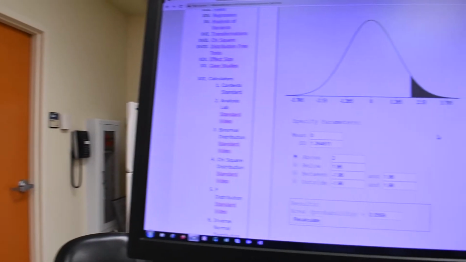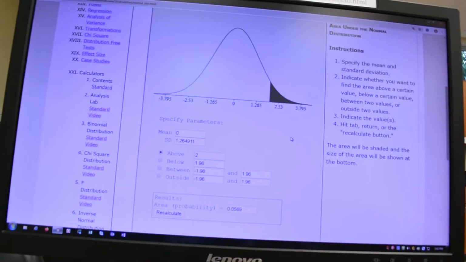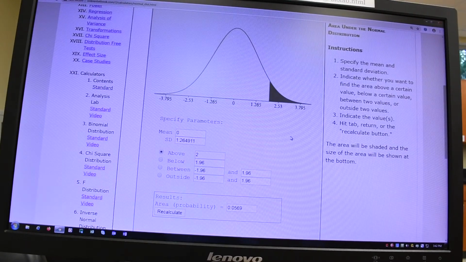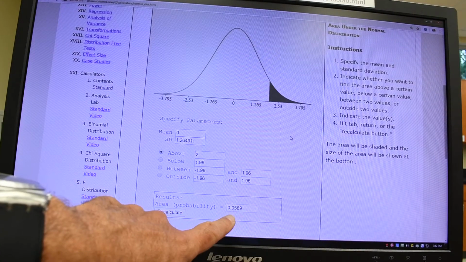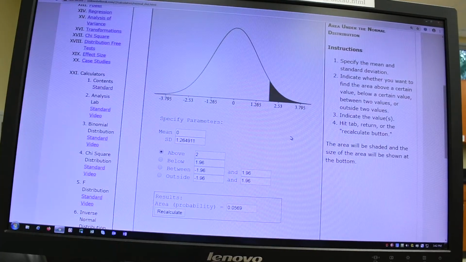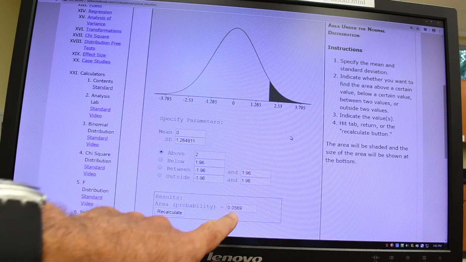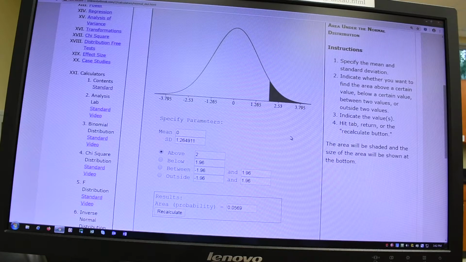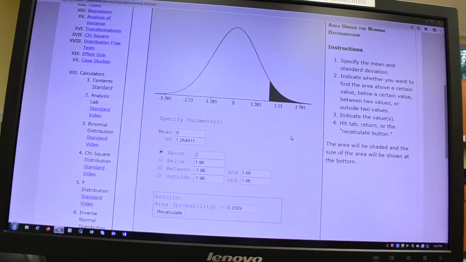Okay. So now, going back over here, when you hit recalculate, that's the probability you get. Notice how it's shaded in there. So, as you can see, that probability is pretty low, but it's not impossible.